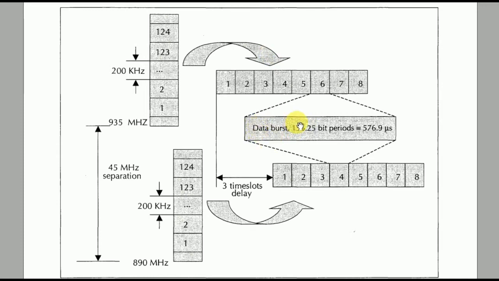Eight burst periods are grouped into a TDMA frame of approximately 4.615 milliseconds. So, in this picture, each channel is divided into 8 burst periods or 8 time slots.